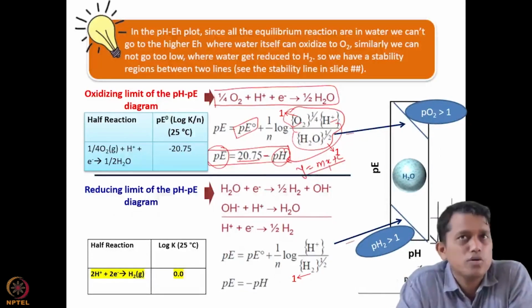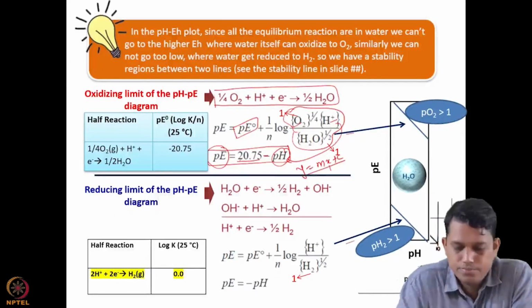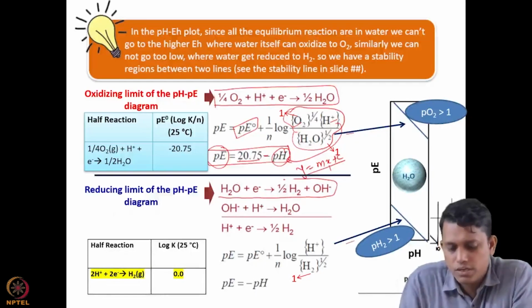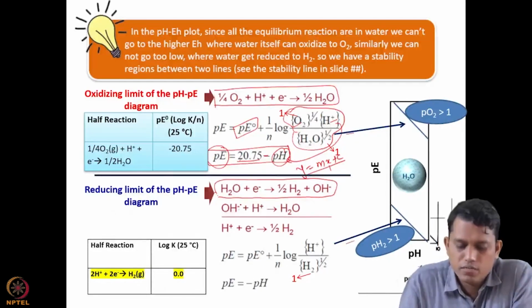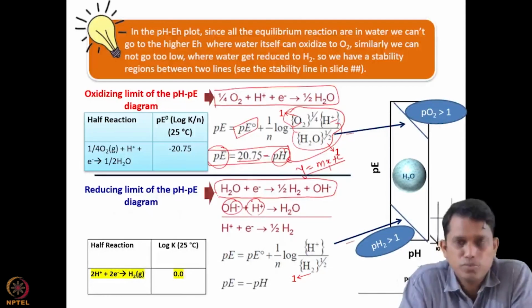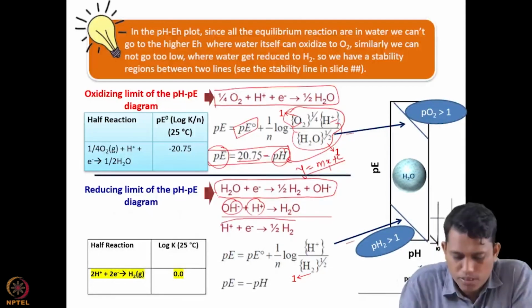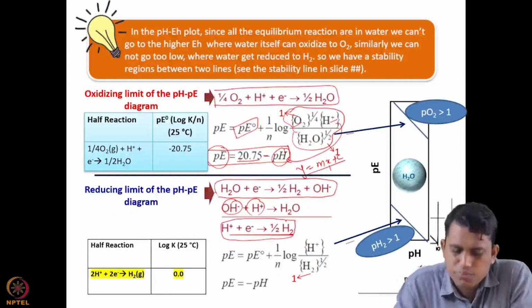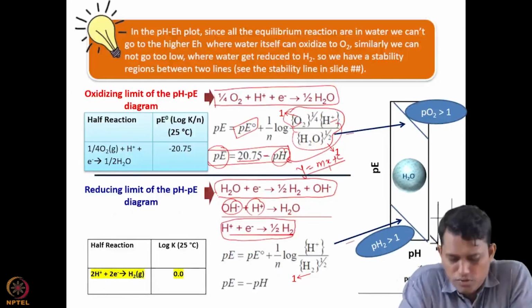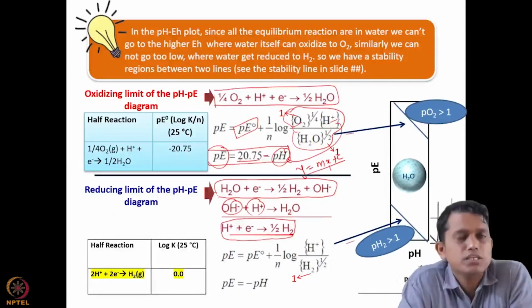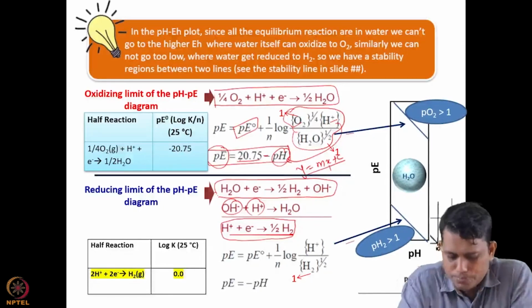Similarly, when we talk about the reducing limit, you can write this equilibria, and if we add another equilibria, that is hydroxide combining with the proton to give you a water molecule, and when you club them, you get this equilibria. And again, for this particular equilibria, you just have to write the pE equation, that is pE is equal to pE naught plus 1 upon n log of proton upon hydrogen gas to the power 1 by 2.